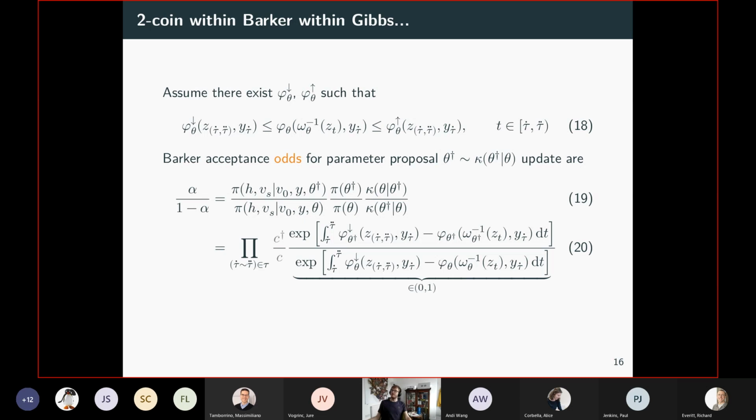So really, usually we compute the probability of acceptance and then we flip a coin. But strictly speaking, we're only really interested in the outcome of that coin itself. So here we bypass the evaluation of the probability of that coin and just go straight to the outcome.